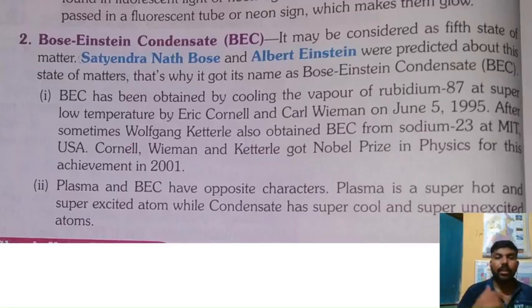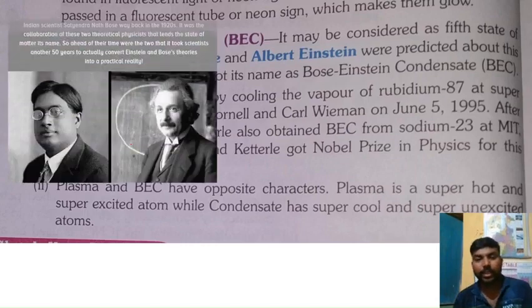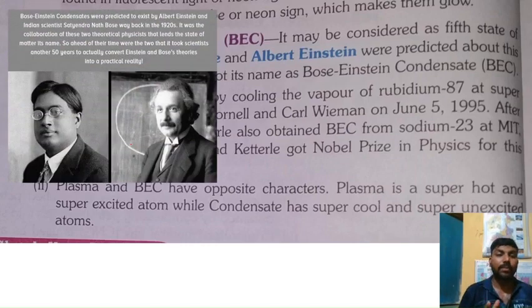Now if I move to the next part, the Bose-Einstein condensate, obviously from the name you are getting an idea that this fifth state of matter, the concept, was given by Satyendranath Bose and Albert Einstein. I hope everyone knows about these two brilliant scientists. Here is the picture of these two scientists who gave the theoretical aspect of the Bose-Einstein condensate.